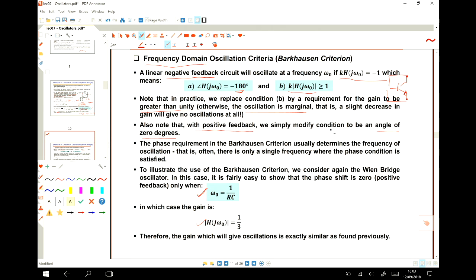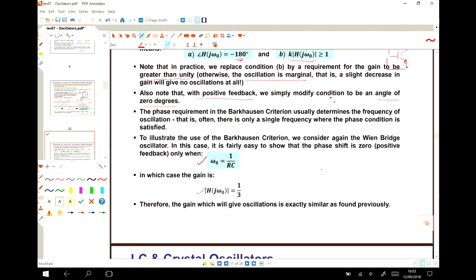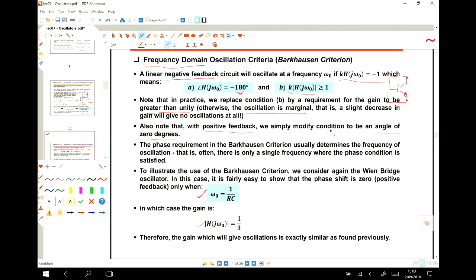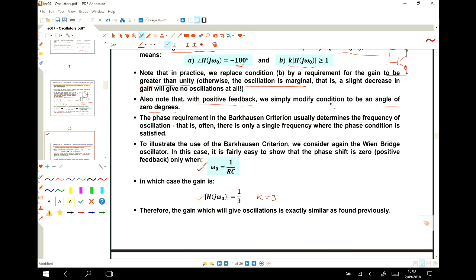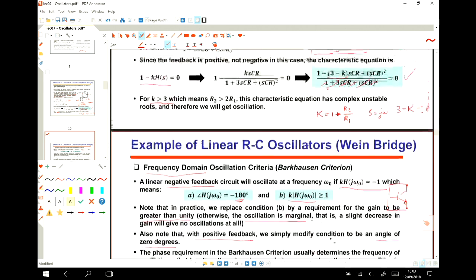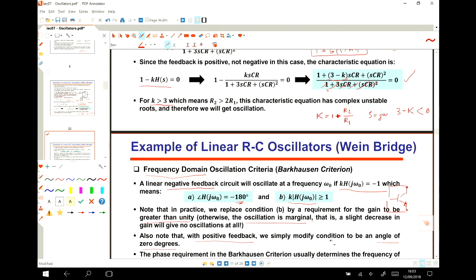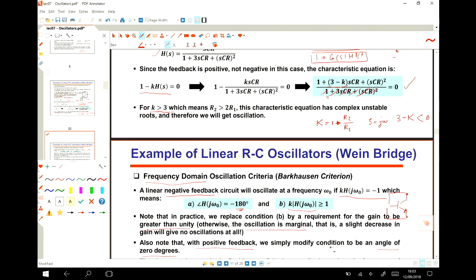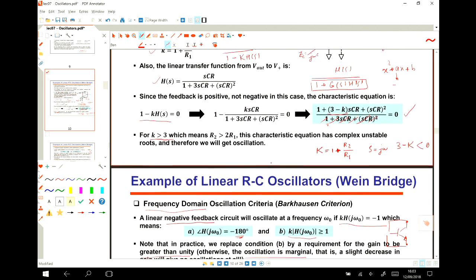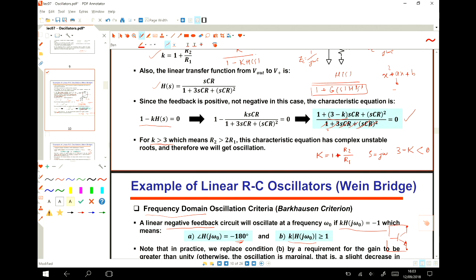I mean, K should be 3. So if R2 equals 2R1, then this is the marginal case.